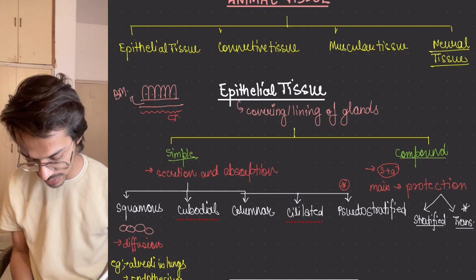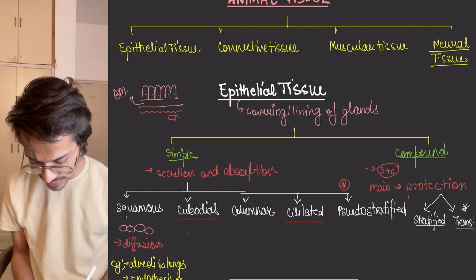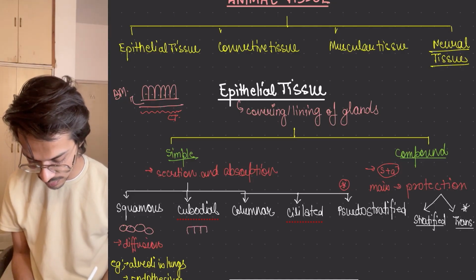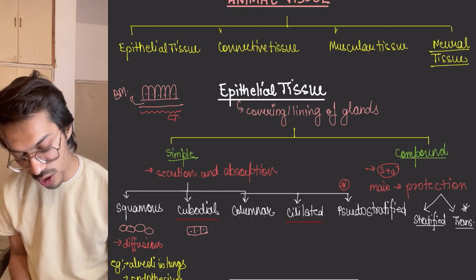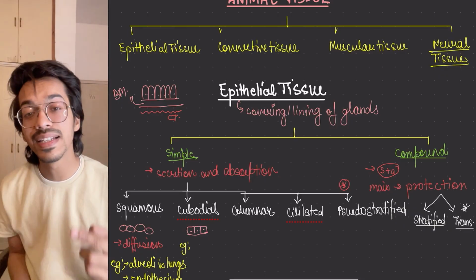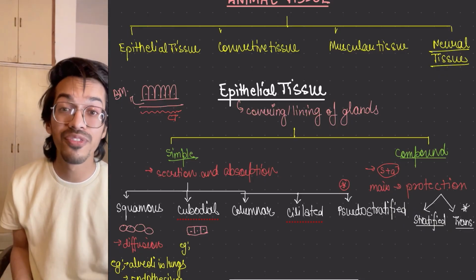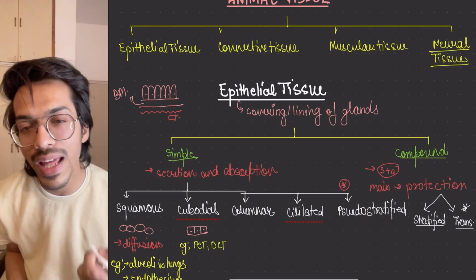Next comes the cuboidal epithelium. The cuboidal epithelium has a cube-like structure. If someone asks for examples, an example of cuboidal epithelium is parts of your nephron. It is present in the PCT and the DCT.